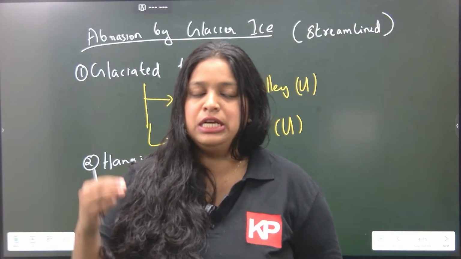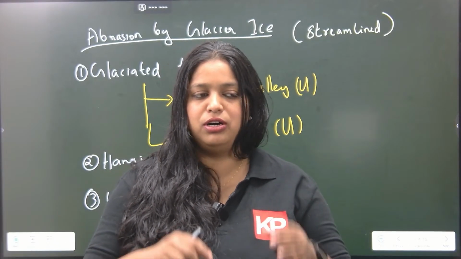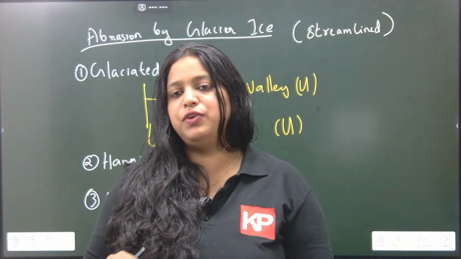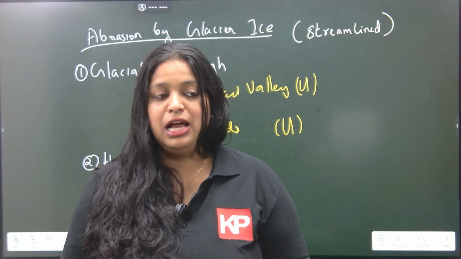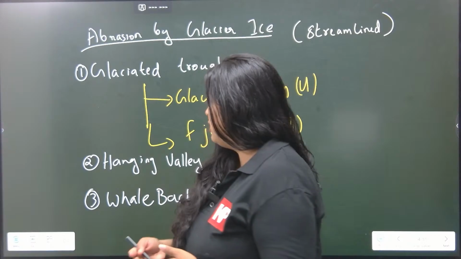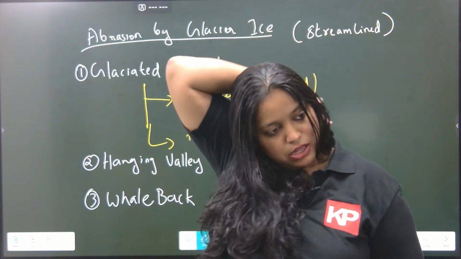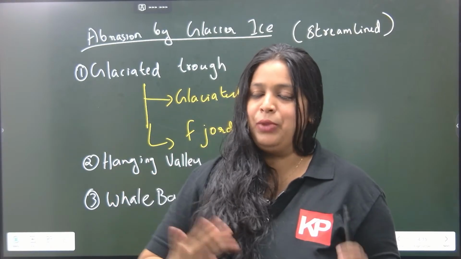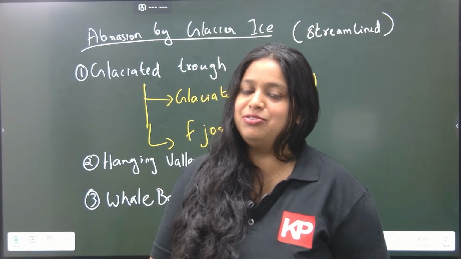When glacial abrasion happens, it causes the bedrock to be transformed into a particular shape, the shape of a whaleback. It's a glacially streamlined rock hillock having the shape of a whale. That's what is called a whaleback.